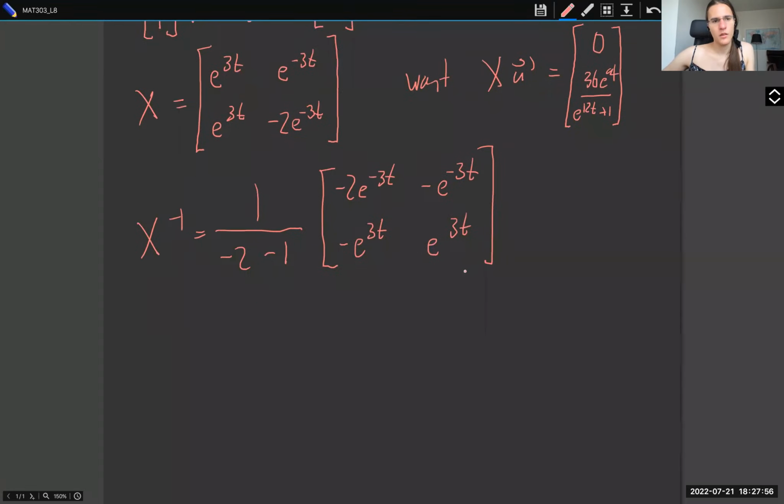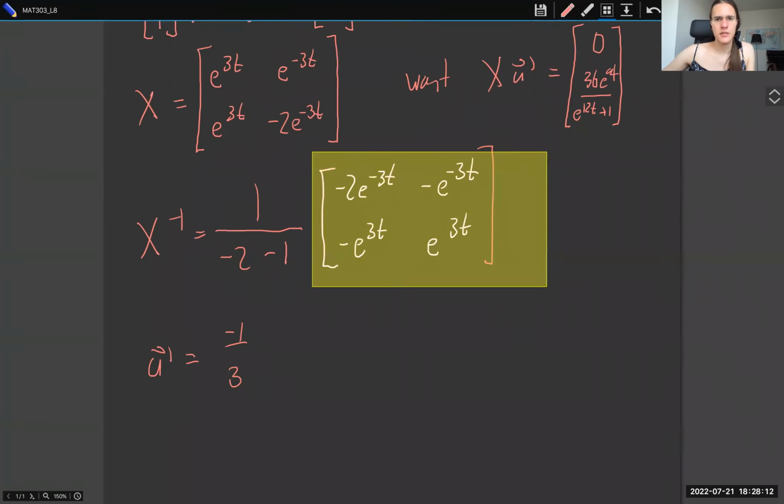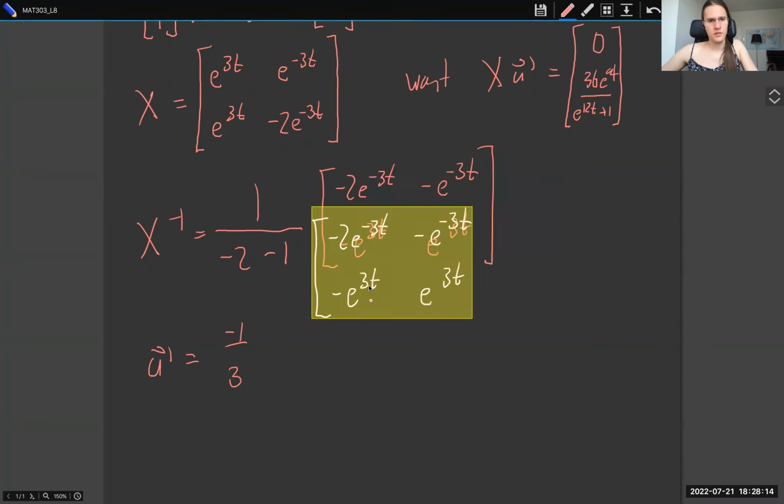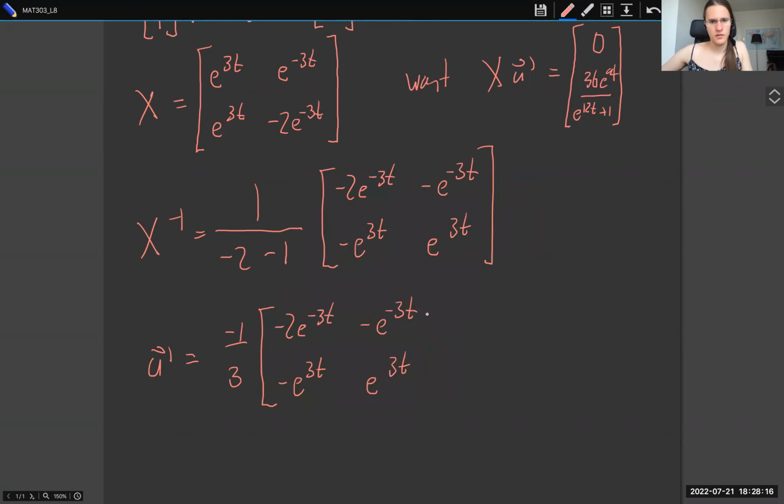And so u prime is equal to -1/3 this, times this.